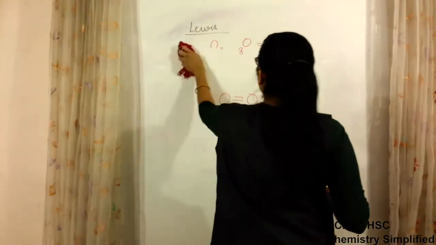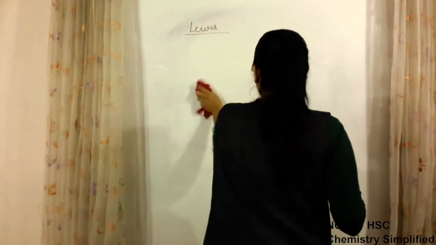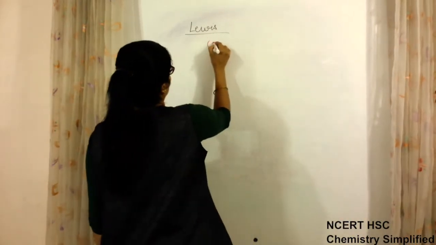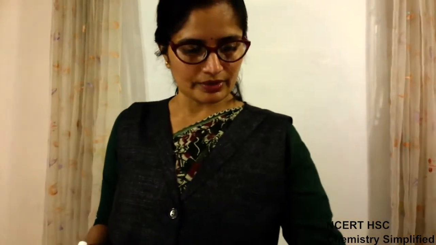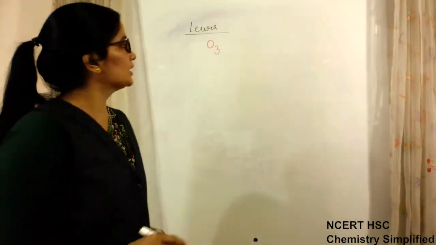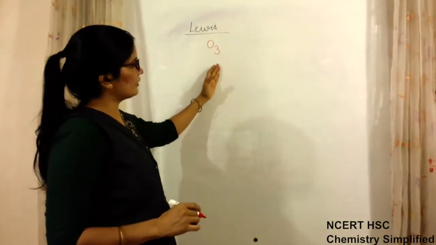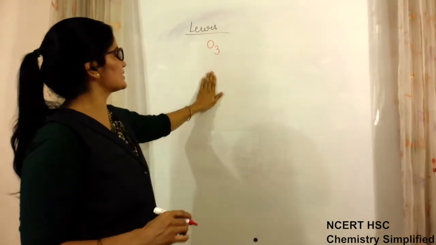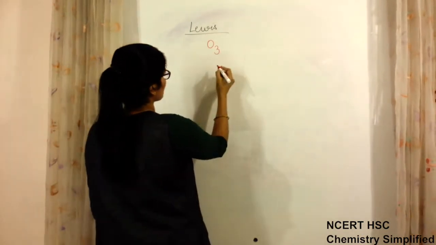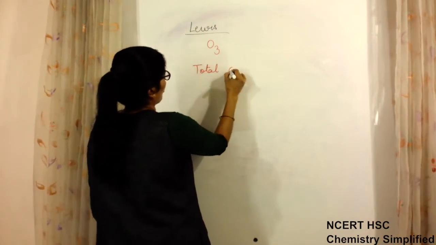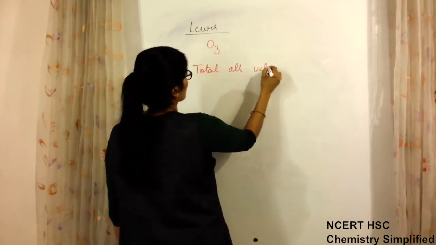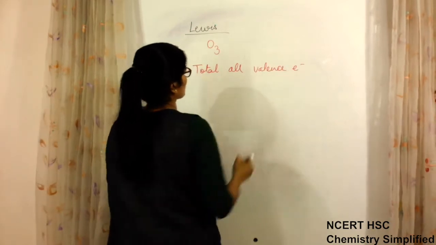Now when we have to see formation of the O3 molecule, let us see formation of O3, ozone molecule, with the same concept. When we find out its distribution, what we have to do first is total all valence electrons.